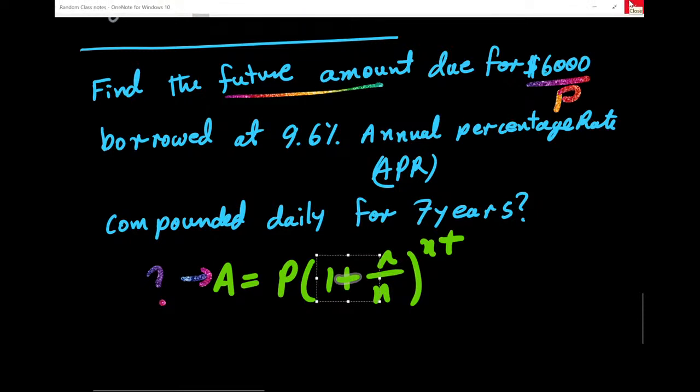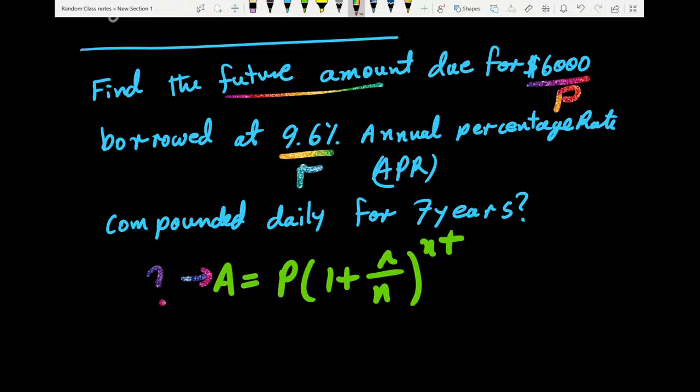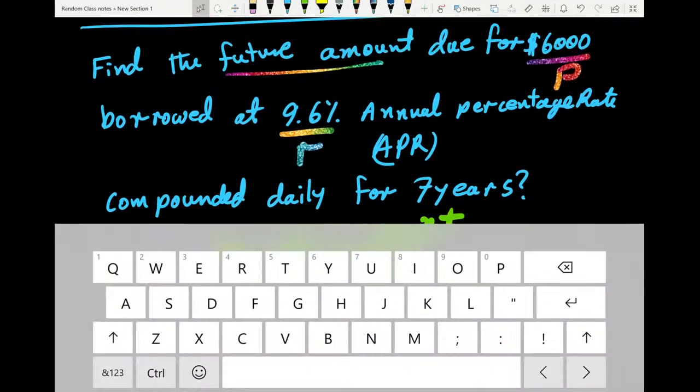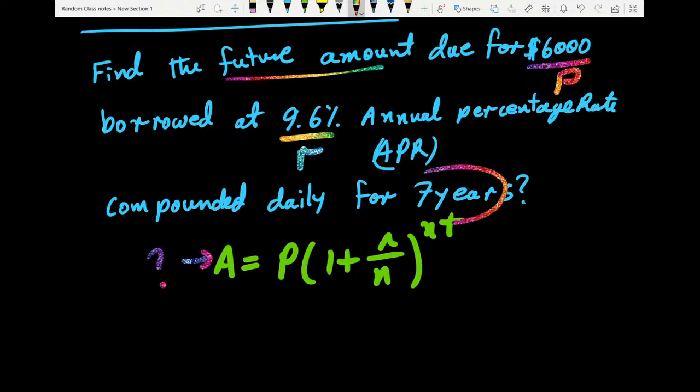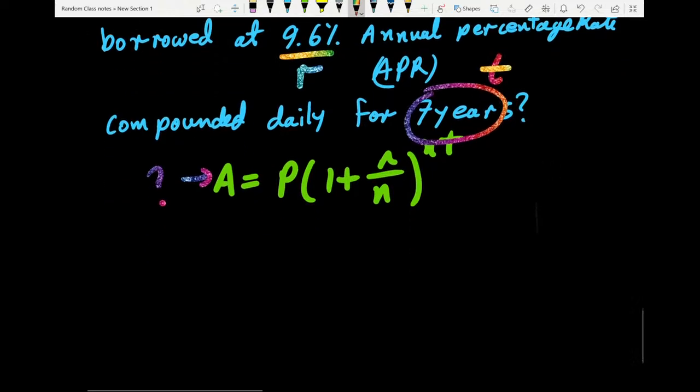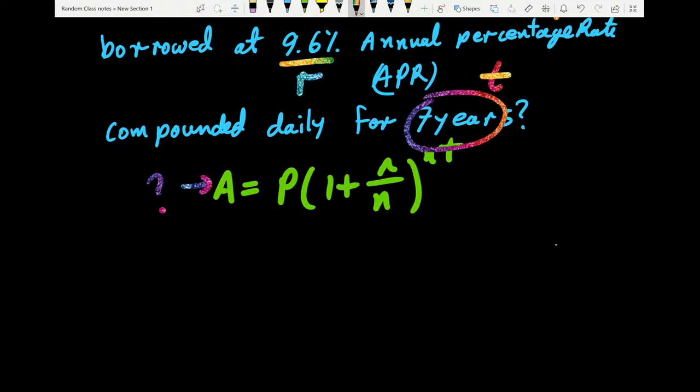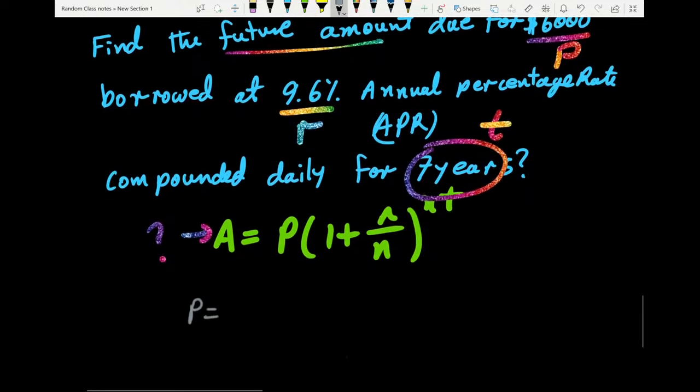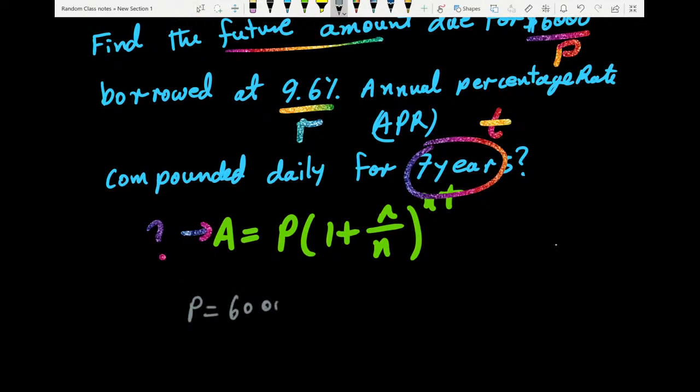All right. So let's look at what's happening. We have P. R is APR. 7 is the T. What about N? So let's write it down. P is, in this case, 6,000. R is 0.096.